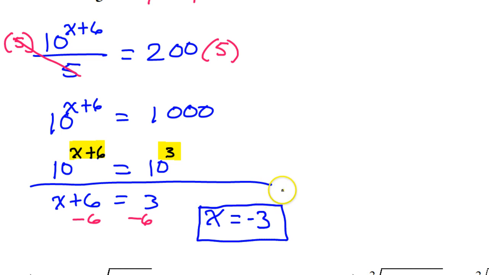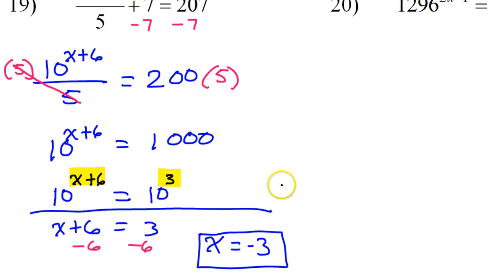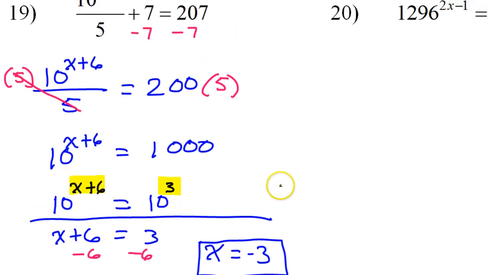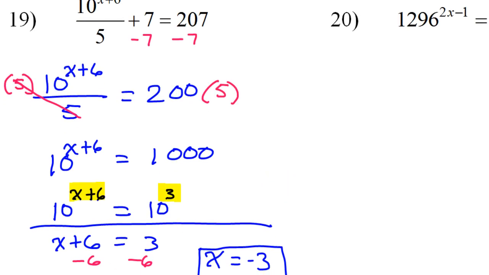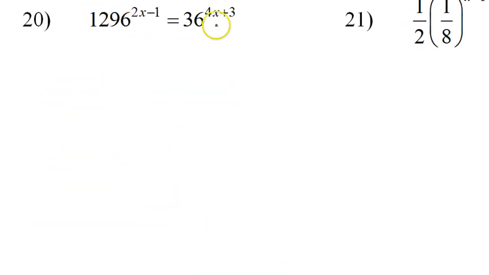Okay, so that is the answer to number 19. Number 20, we need to go straight to the zone where we find like bases.